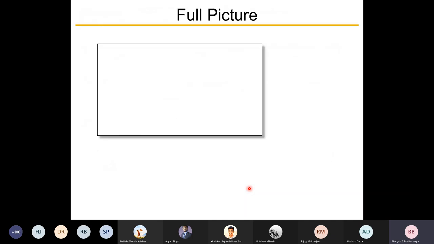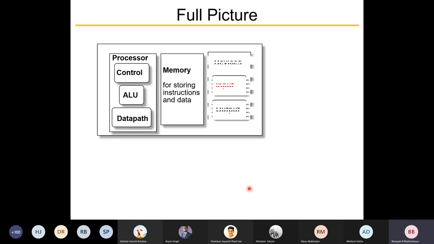So let us look into the full picture again. So we have 5 easy pieces. We have already seen that you have a processor here, and that means you have the arithmetic logic unit, you have a controller, and this is a very complicated finite state machine which would take care of the entire sequencing. And you have a memory here for storing both the set of instructions and data.